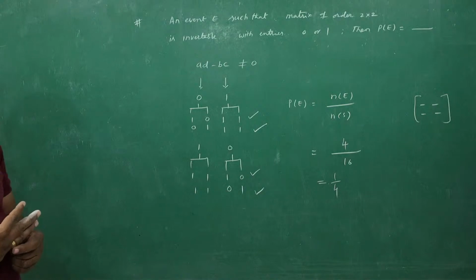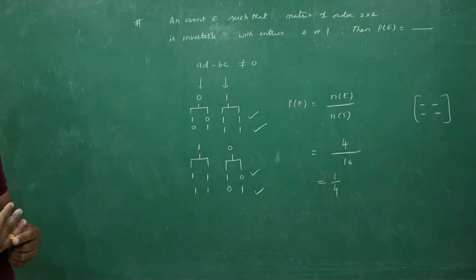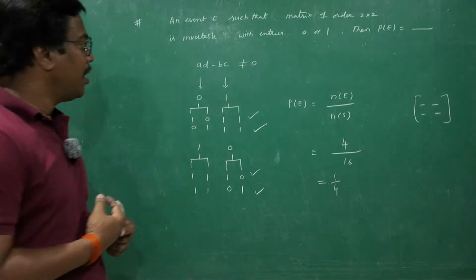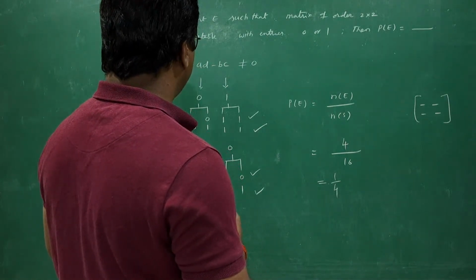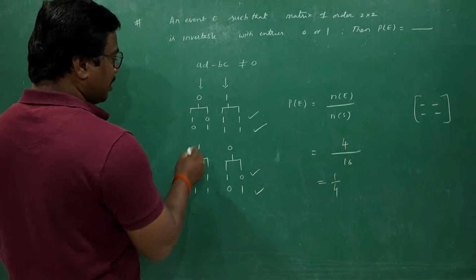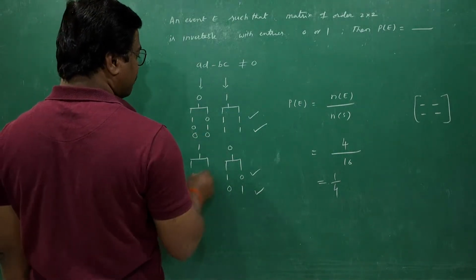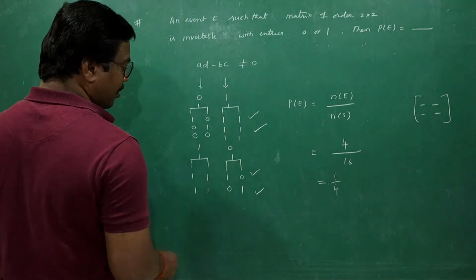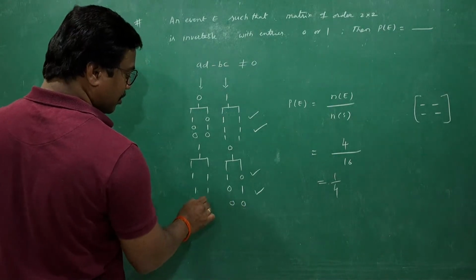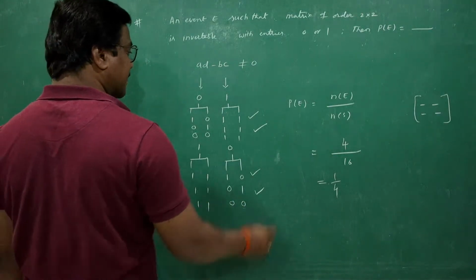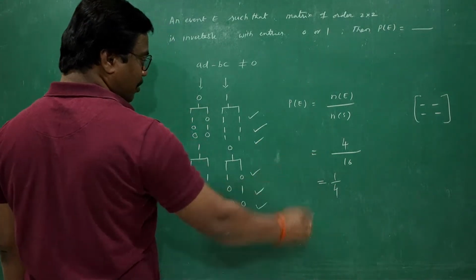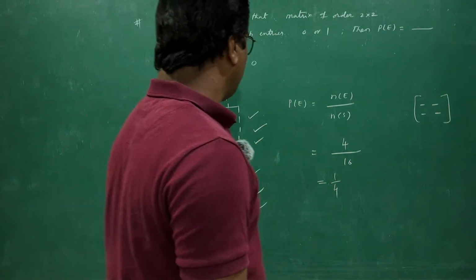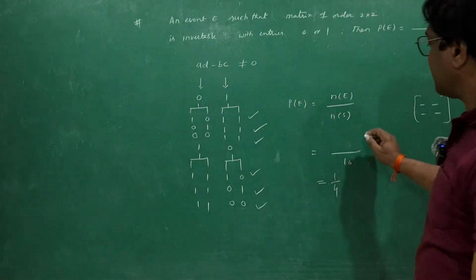Next, if both 1, both 0, it is impossible, right? Any other case? Yes, here if both are zeros, you may write 1 1. Yes, this is missing. So total how many do you have? 1 2 3 4 5 6.